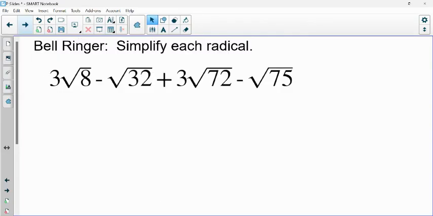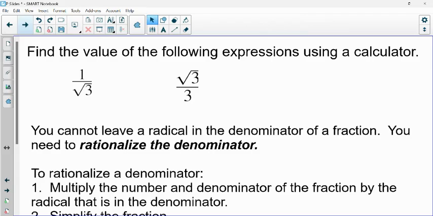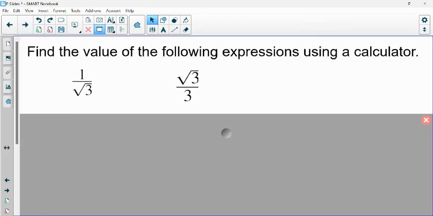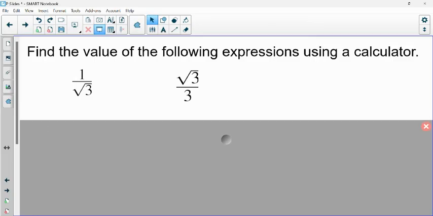And then the last thing we're going to be looking at today is rationalizing denominators, okay? So if we were to have a calculator that can do this, I don't think many of your calculators can, but if we do have one, I'll take my calculator and do this right now. We have 1 divided by the square root of 3.